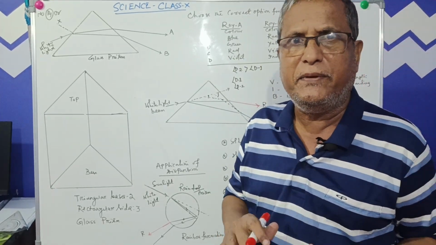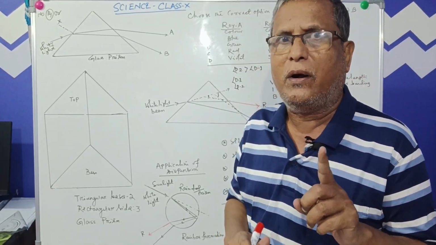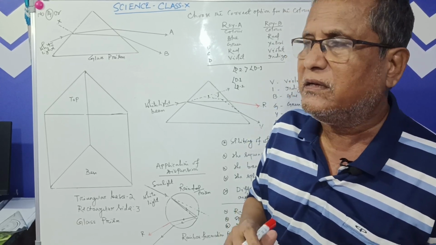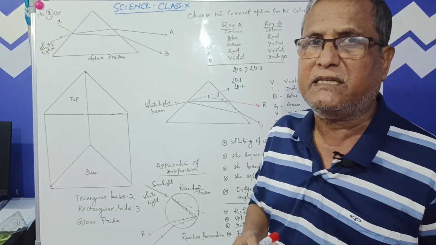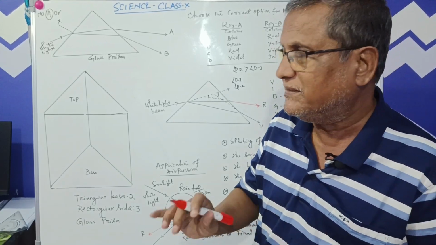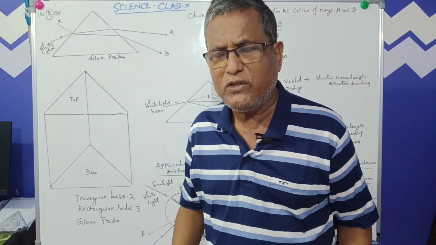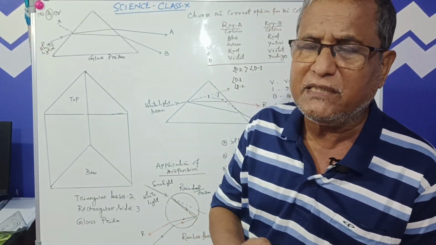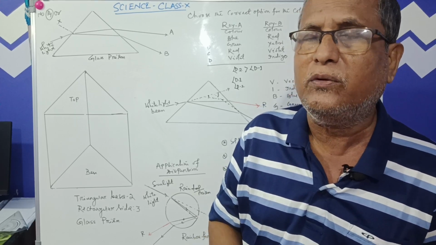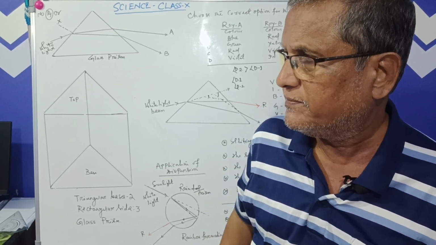So initially at the beginning, I would like to appeal to you that this question was asked in the previous CBSE exam. What's a prism? Define a prism. Then most of the students failed to answer. It's a very simple thing, and it has been clearly stated and illustrated in your prescribed textbook.